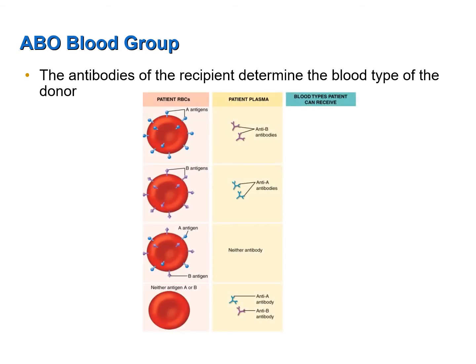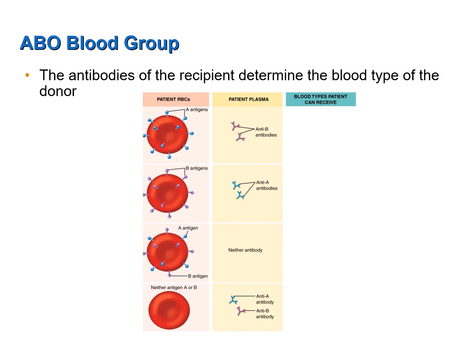Going back to this figure, someone with type A blood has anti-B antibodies. Can they receive blood from someone with type B blood? No, because the anti-B antibodies will attack those blood cells. Can they receive blood from someone with AB blood?